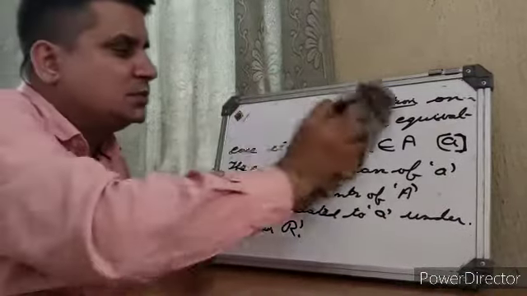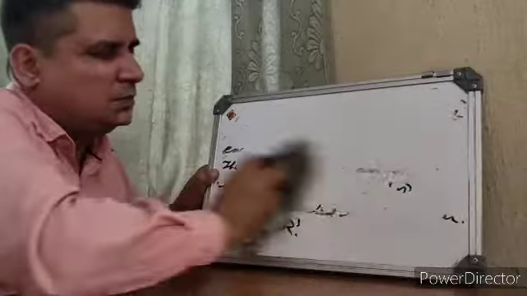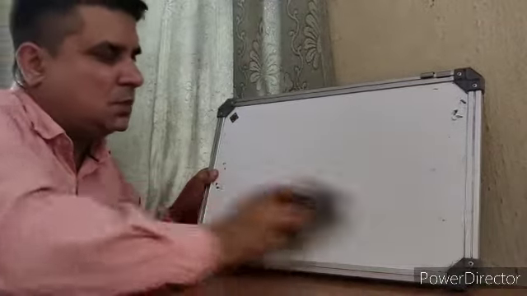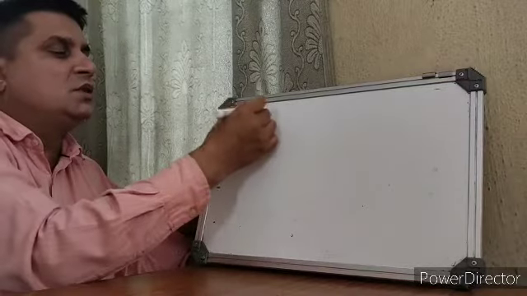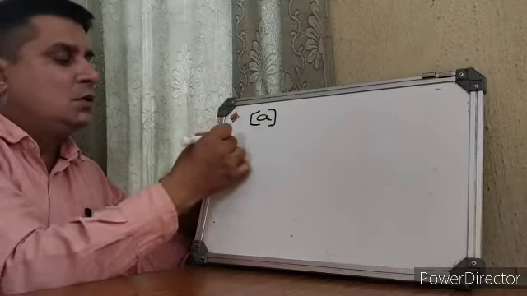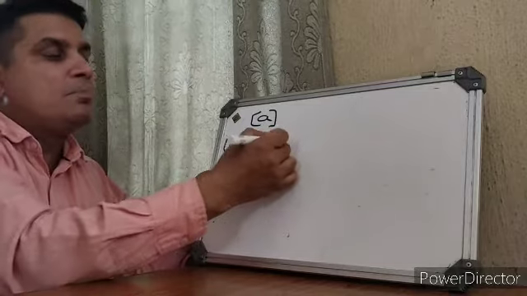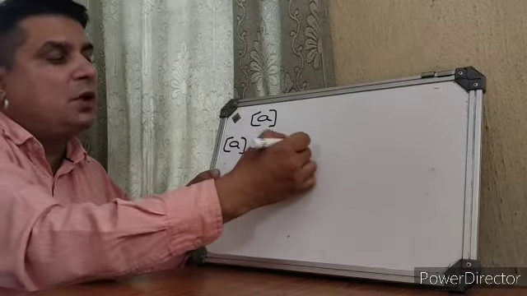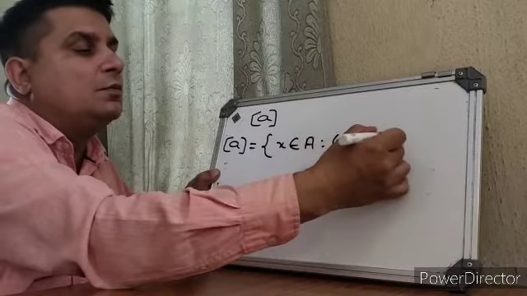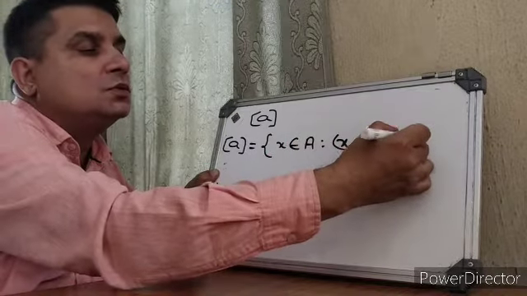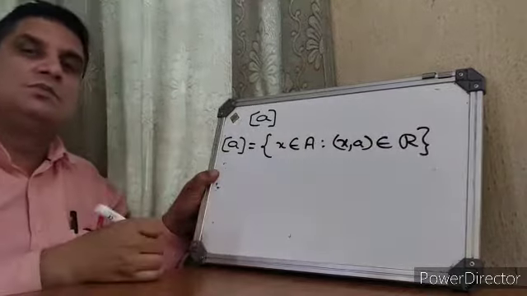Mathematically we can write the equivalence class of a is defined as: x belongs to set A such that (x, a) belongs to relation.